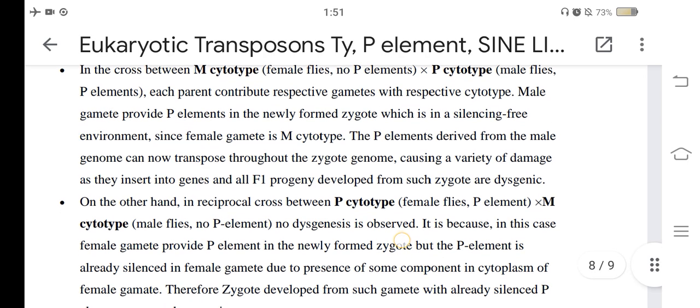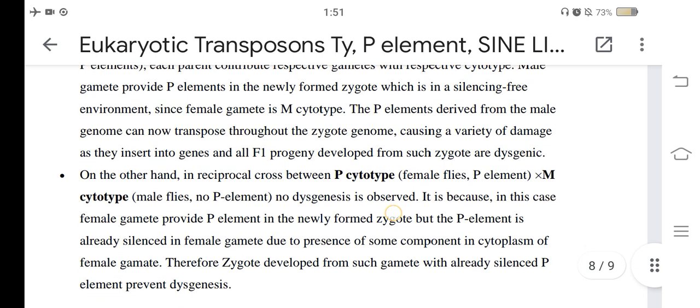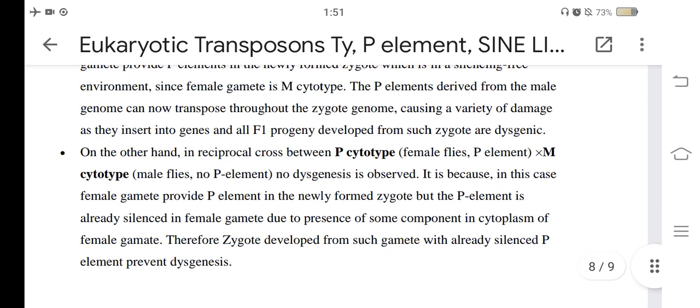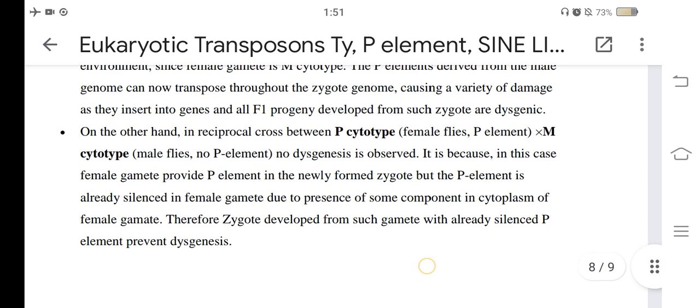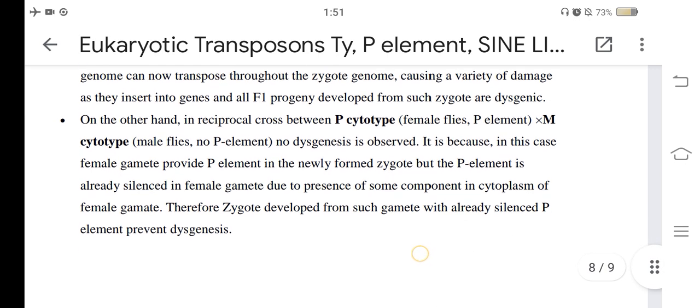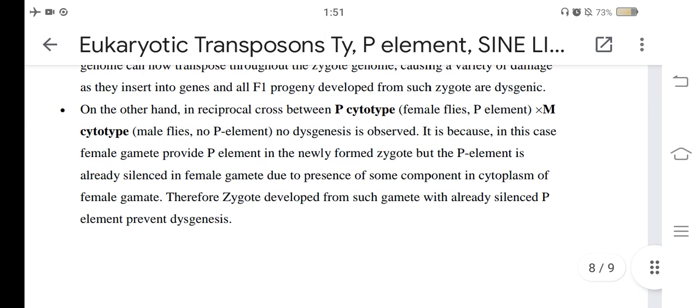Male gametes provide P elements in the newly formed zygote, which is a silencing-free environment, since the female gamete is M cytotype. The P elements derived from the male genome can now transpose throughout the zygote genome, causing a variety of damage as they insert into genes, and the F1 progeny developed from such a zygote are dysgenic.